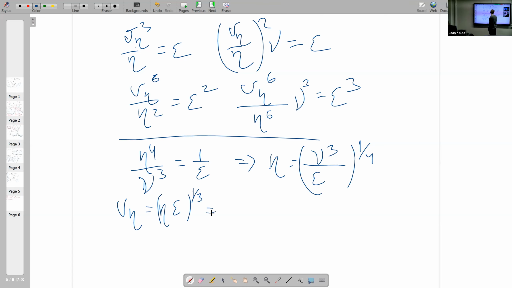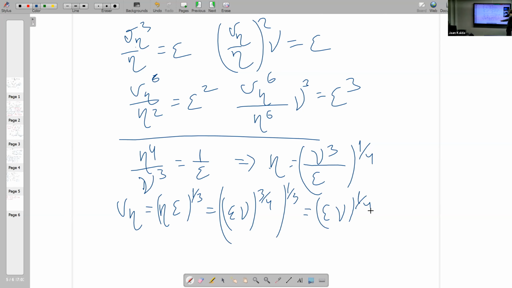So this equals epsilon and nu to the power of 3/4 and to the power of 1/3, which equals (eta nu) to the power of 1/4. Now, velocity goes up with epsilon. We have more input, the velocity microscale will grow. The length microscale will decrease, but the velocity microscale will grow.